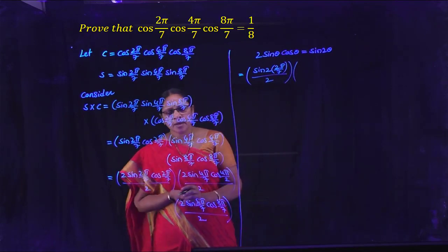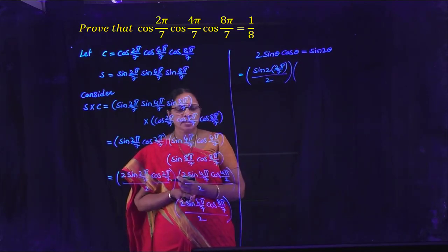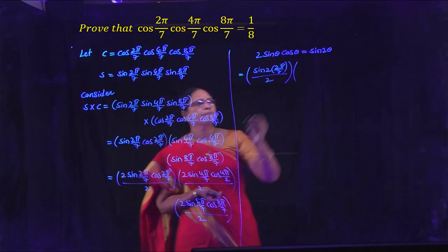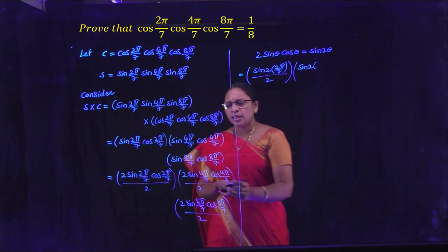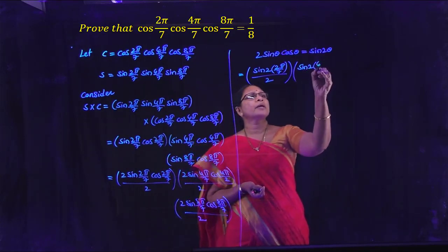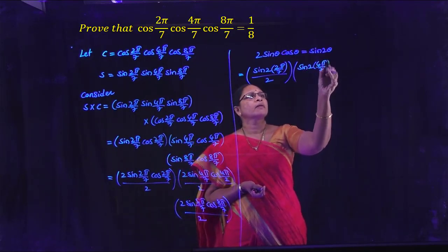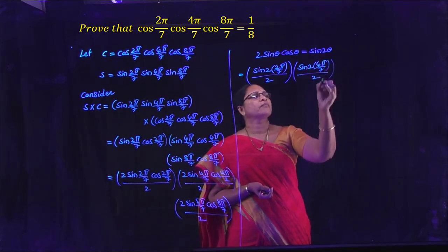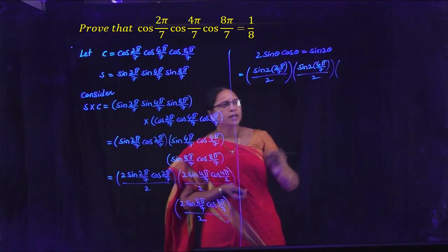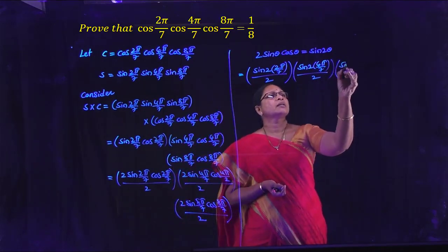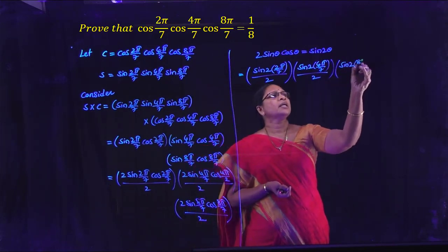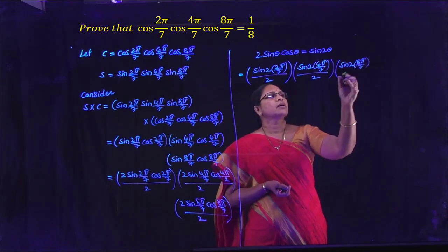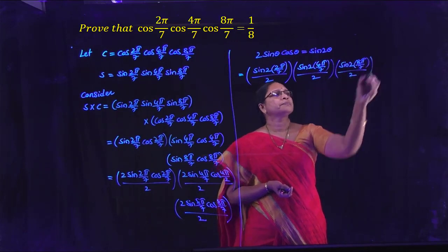In the second bracket, which is also in sin 2 theta form, theta is 4 pi by 7, whole divided by 2. In the third bracket, sin 2 theta, here theta is 8 pi by 7, whole divided by 2.